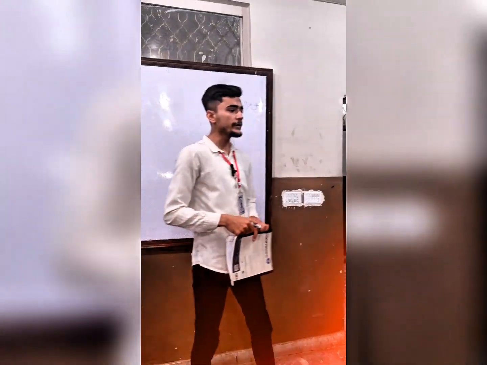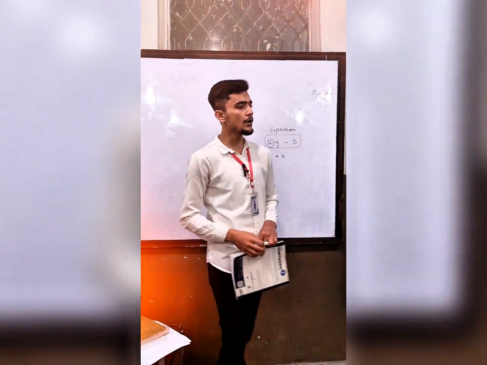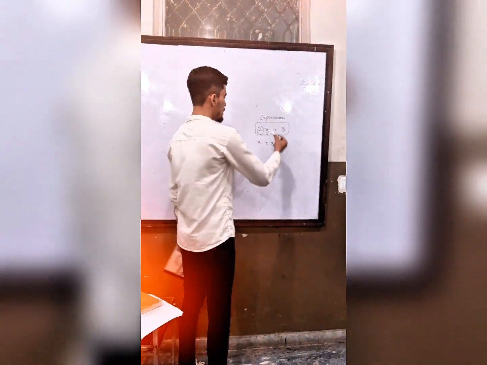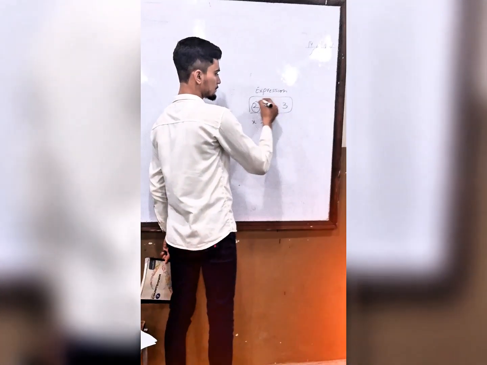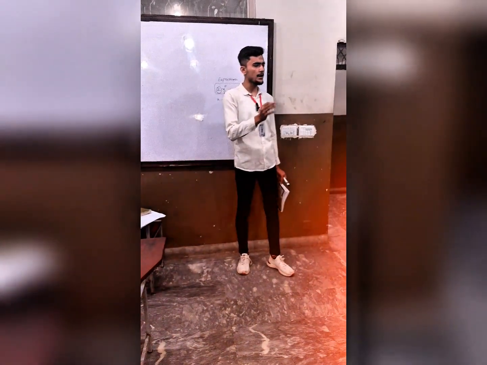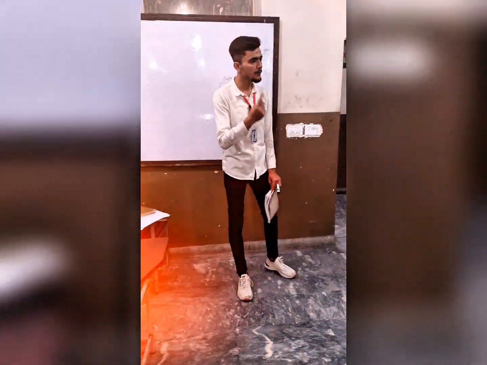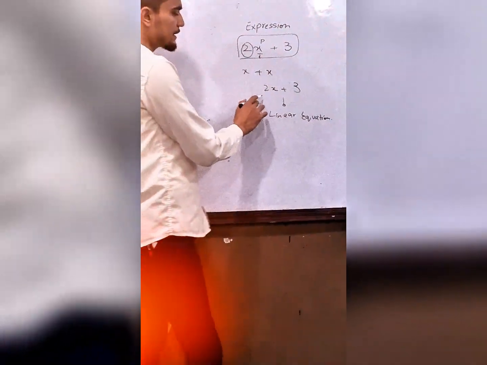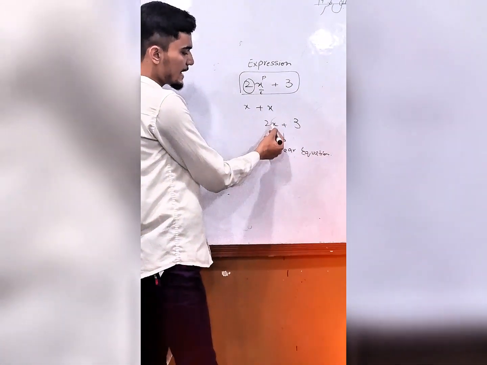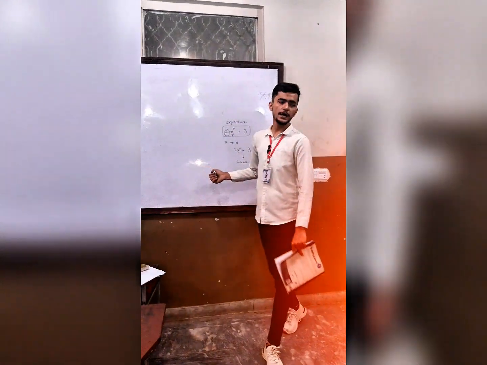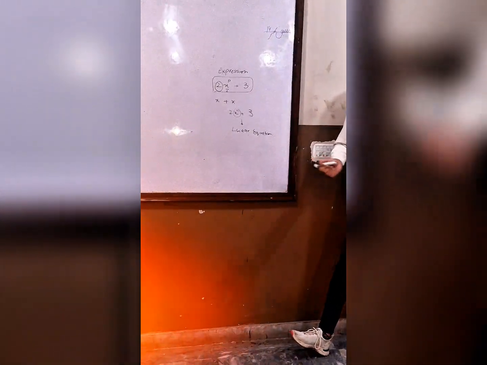Expression means it consists of variables, coefficients and constants. There is one more thing called exponent or power. Linear expressions are those expressions whose highest power of x or variable is 1. For example, look at this expression. The variable x has power 1, so we call it a linear expression.